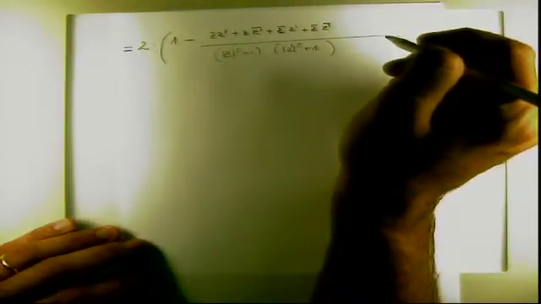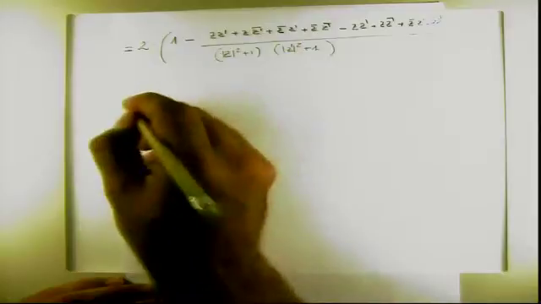Okay? Then I have a minus. This minus was given by i times i. So minus here, and I have to multiply the difference z minus z bar times z prime minus z prime bar.